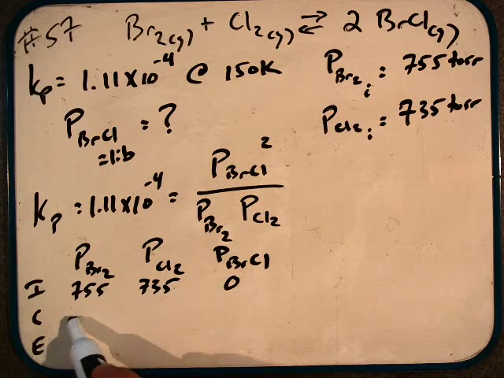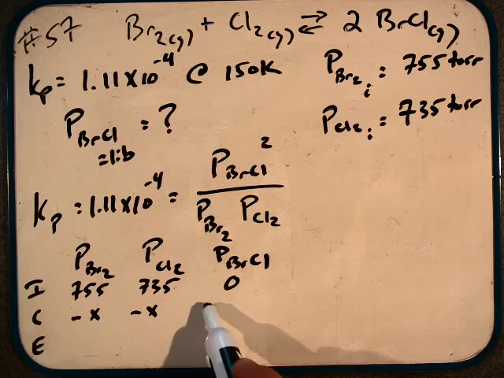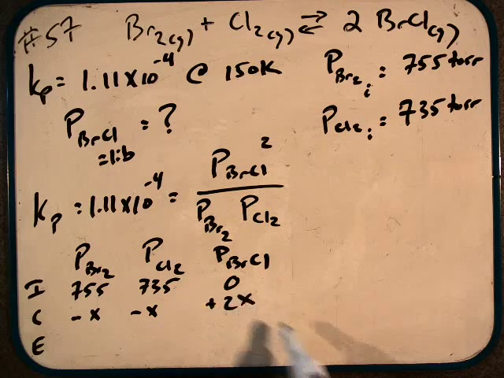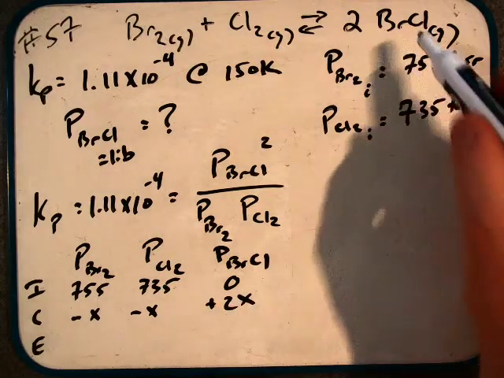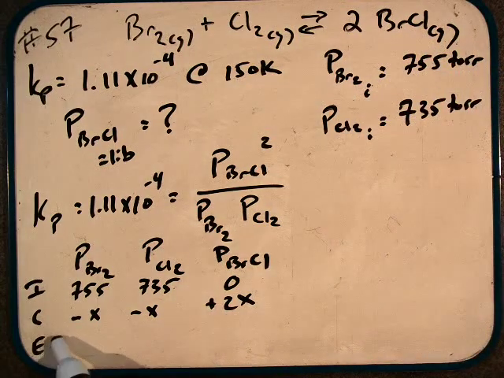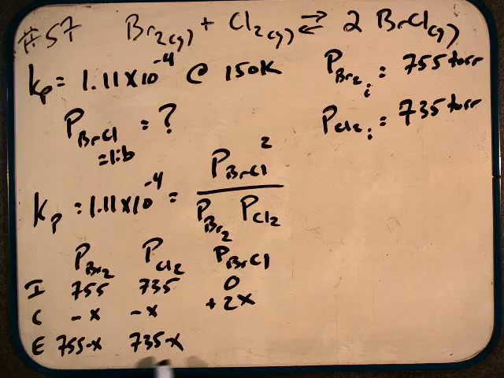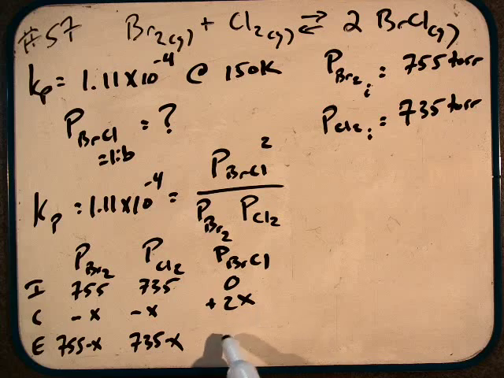There's going to be a change that's going to occur: minus x for our starting materials, plus 2x for our product, again because of that stoichiometry. And then at equilibrium, we have 755 minus x for our Br2 pressure, 735 minus x for our Cl2 pressure, and 2x for our BrCl.